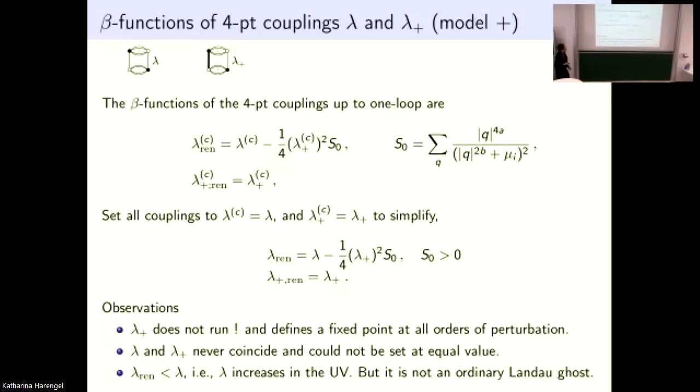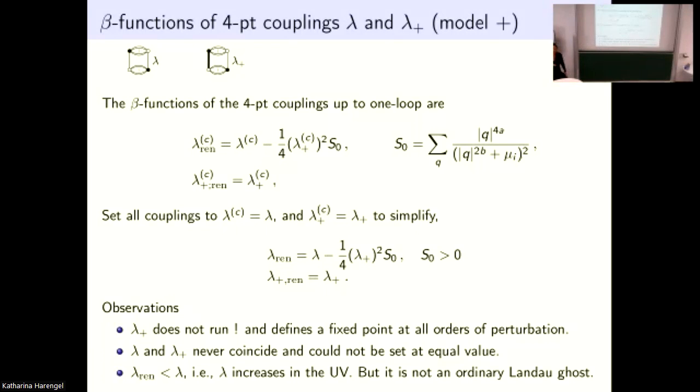Also, because S0 is positive, the renormalized coupling is smaller than the lambda UV, the bare one. It seems that lambda increases in the UV, but it's not going to be an ordinary Landau ghost. We will see later.